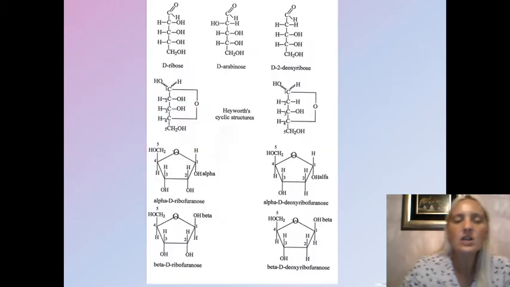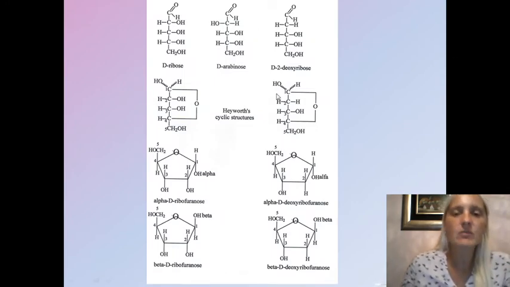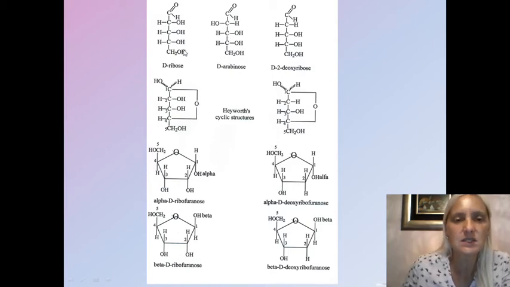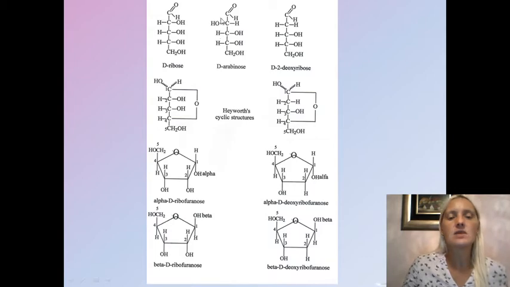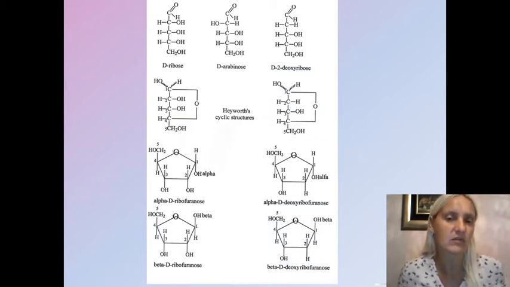If we take a look at the structure of some of those pentoses, we can compare the structures of D-ribose and D-arabinose. In D-ribose, each chiral OH group is on the right side, and in D-arabinose you have one OH group at C2 on the left side, and the rest of the structure is identical to the one in the molecule of D-ribose.